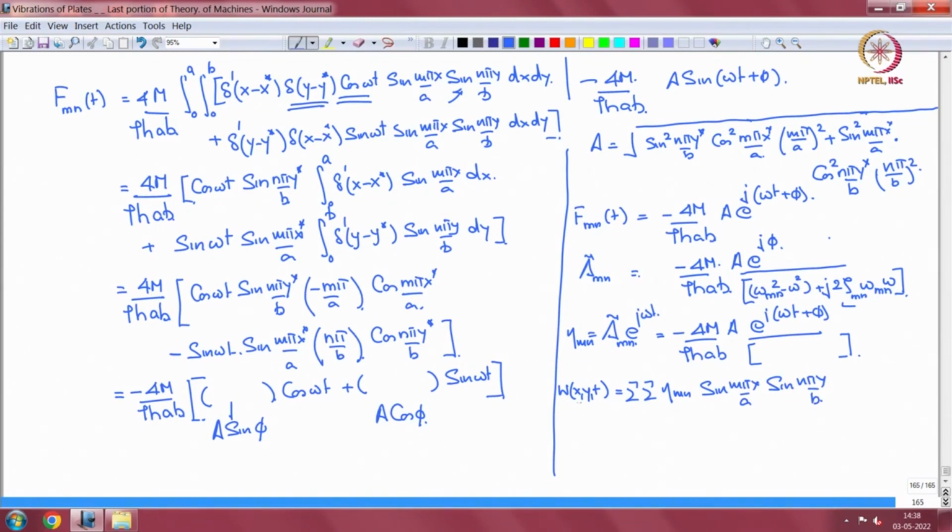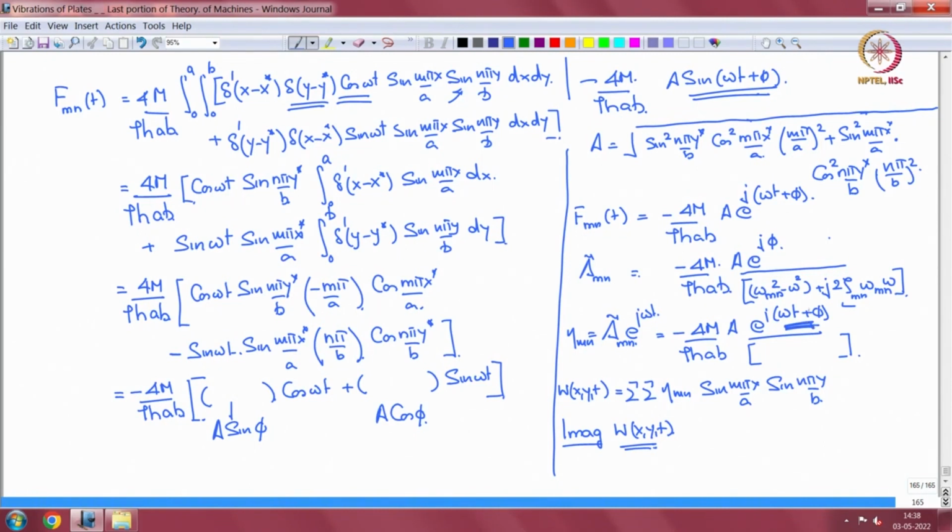Okay, but the actual forcing was the sine part of it. Okay, so my response now is the imaginary part of w of x comma y comma t. Okay, with this we are getting response for both cos omega t plus phi and sine omega t plus phi.